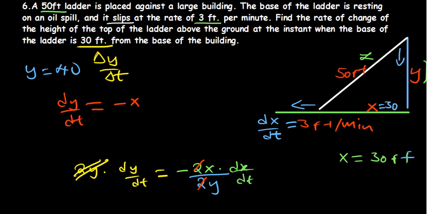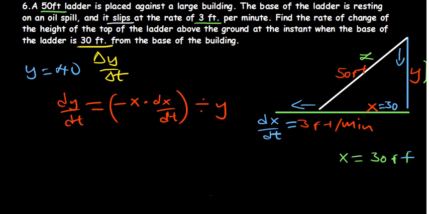Negative x multiplied by the dx/dt, and then after this computation we are now dividing by the y that is coming from the other side, divided by the y, which is on the bottom there.